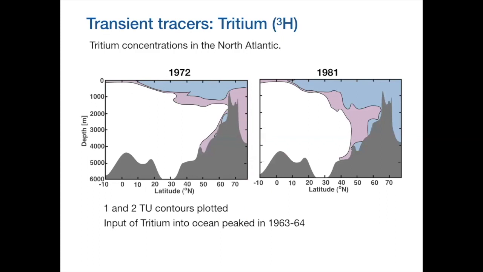So that tritium fell all over the North Atlantic. And what we have here in these two plots is the distribution in the North Atlantic versus depth. The vertical axis is depth, horizontal axis is latitude, 10 degrees south, equator, and then almost towards 80 degrees north.